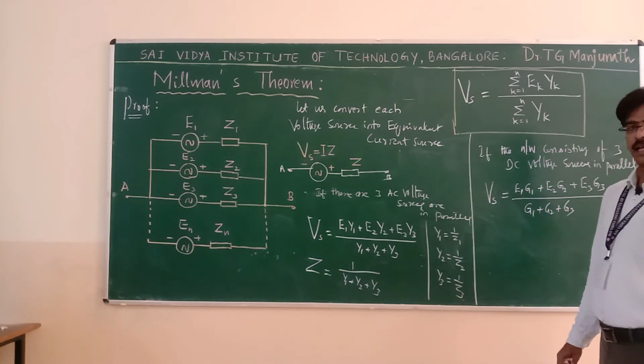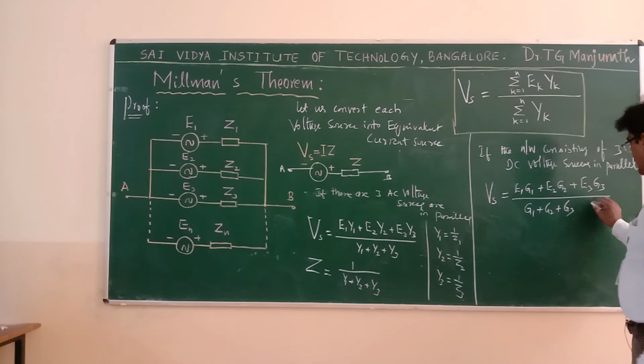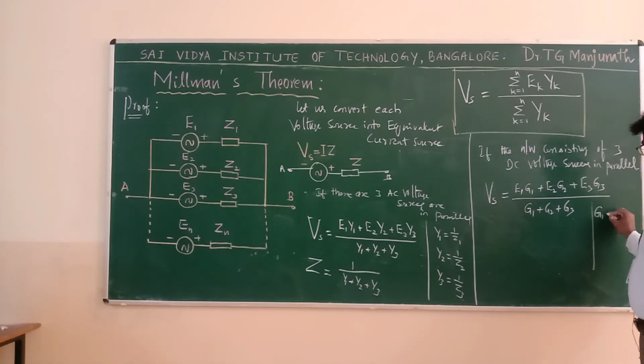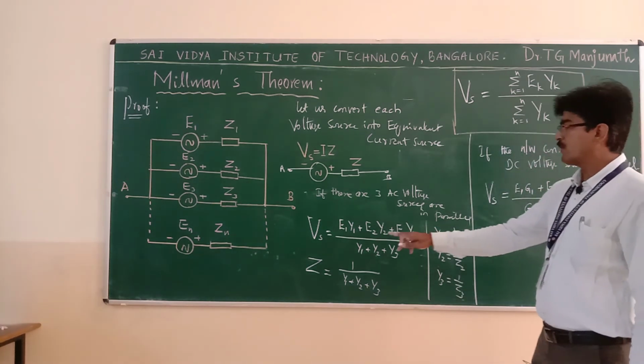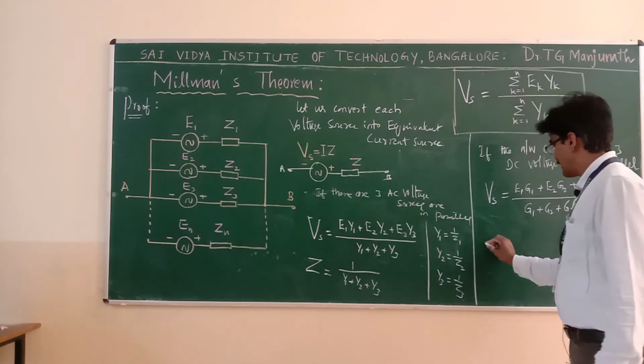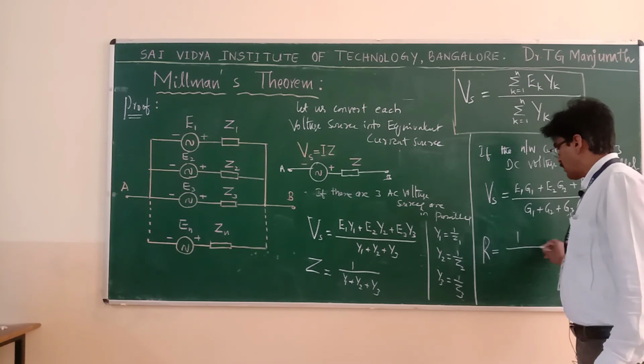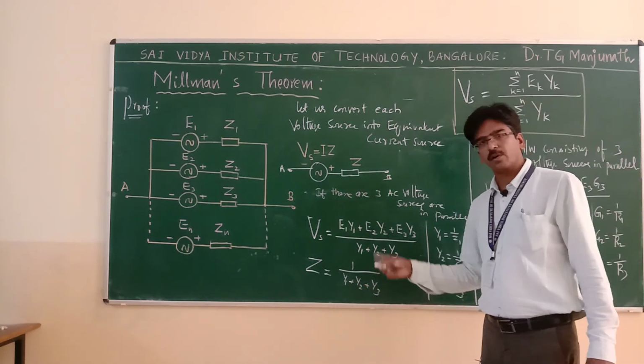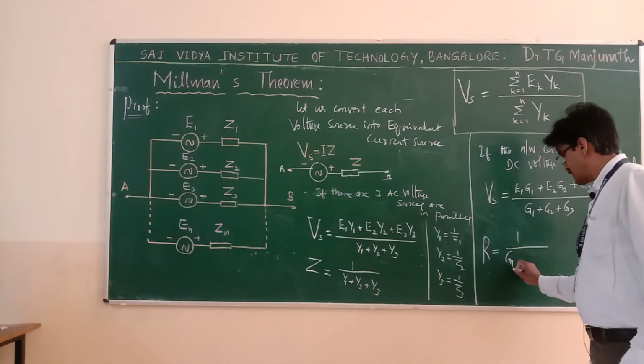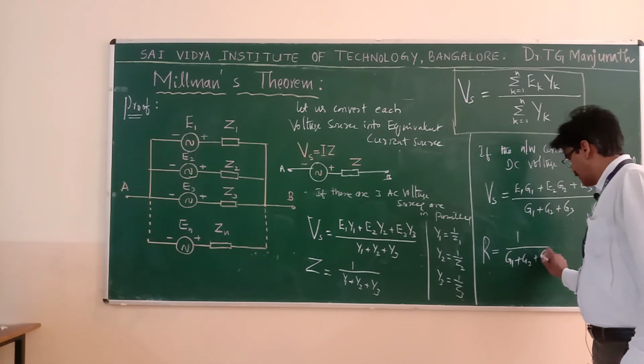What is G here? Conductance. So here G1 is equal to 1 by R1, G2 is equal to 1 by R2, G3 is equal to 1 by R3. And next, the resistance you want. Then resistance is given by 1 divided by, instead of Y you are going to write G, G1 plus G2 plus G3. That's all.